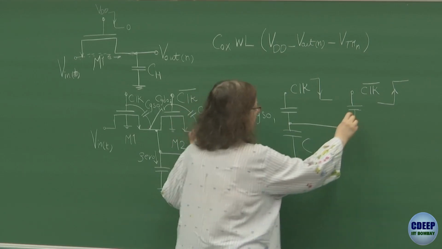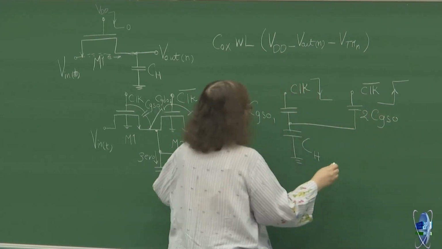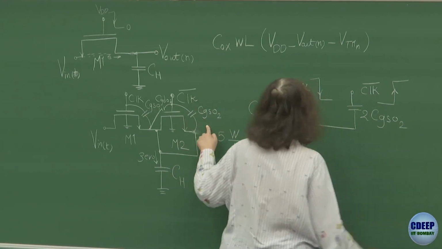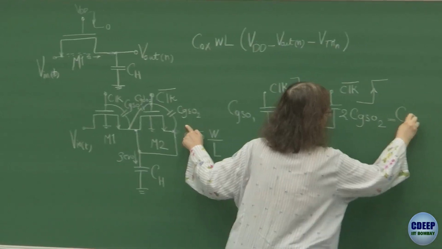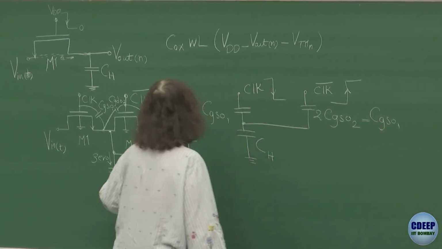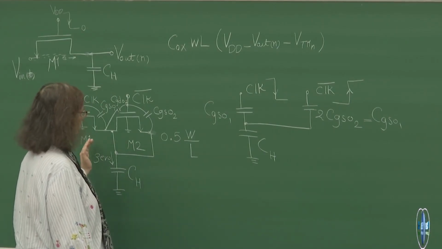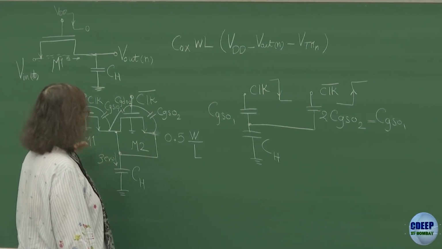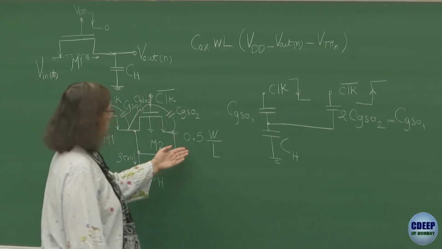And this 2 times CGSO2 will be equal to CGSO1 if we consider we have designed for the case where half of the charge arrives on CH due to charge injection, which is the case shown in this figure.